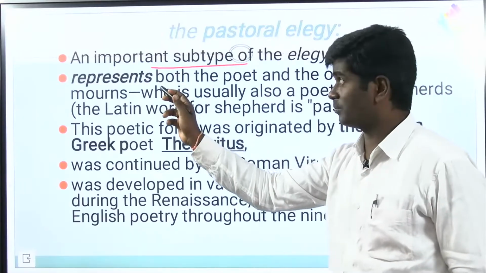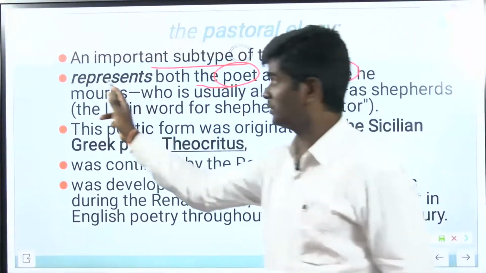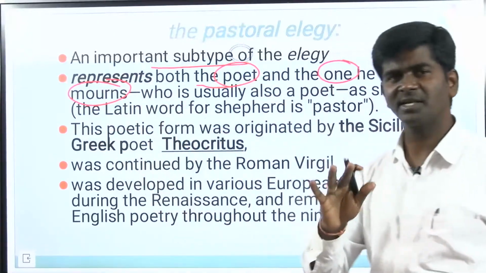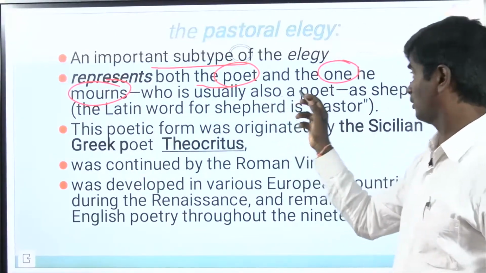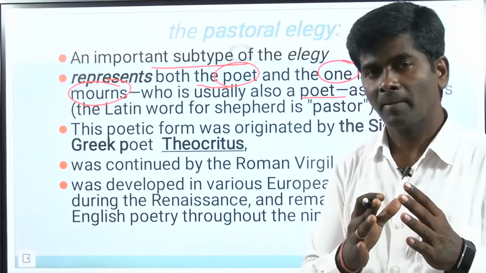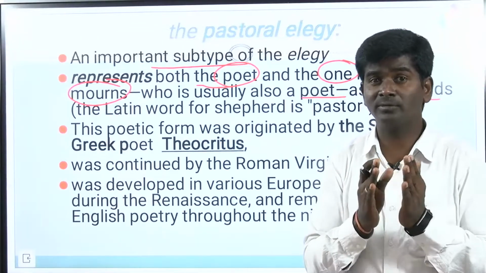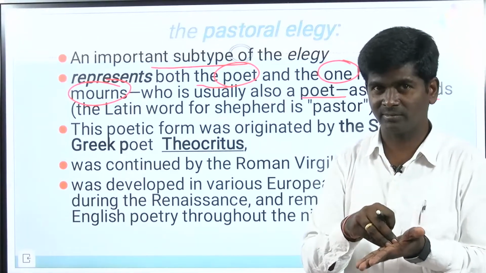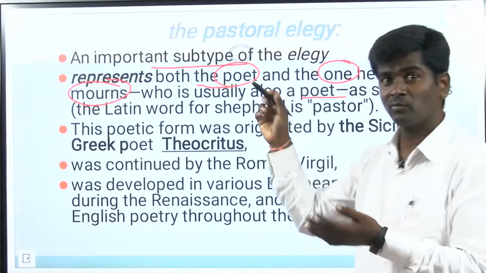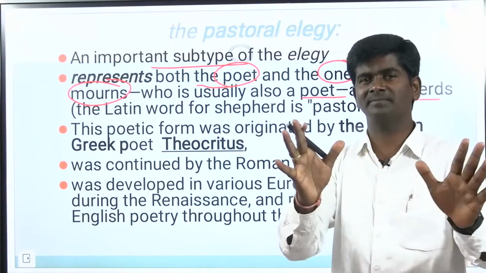Pastoral elegy represents that both the poet and the one who mourns are the same, who is usually also the poet as shepherd. So pastoral elegy refers to a poem that is written on the death of an important person, in which the poet, one who writes the poem, and the person who cries in the poem are the same.